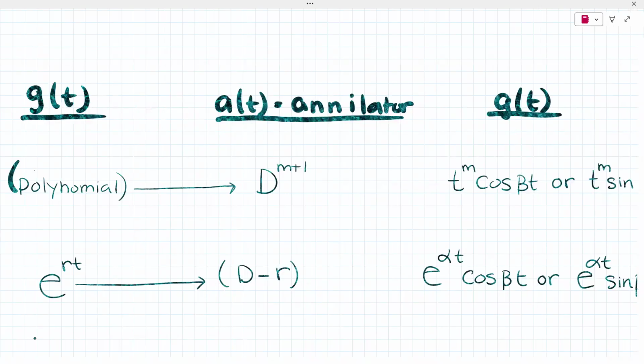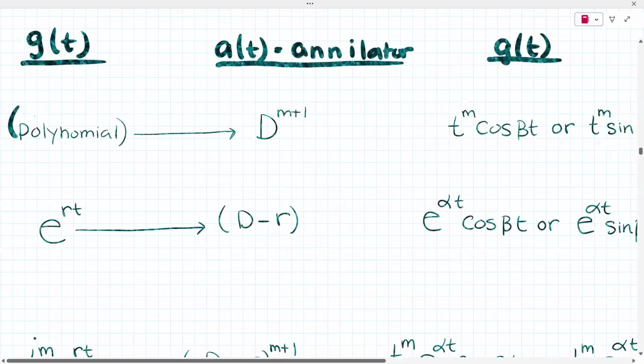And if you have an exponential like e to the rt, the annihilator would be D minus r.